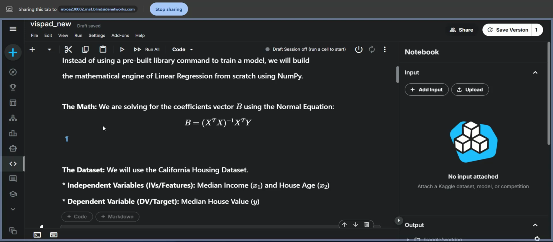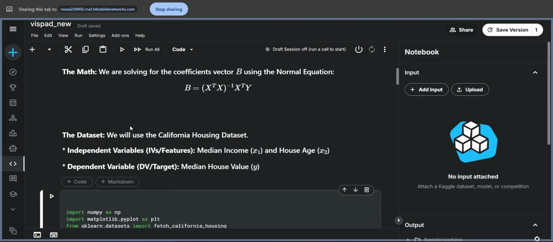Okay. So for the data sets, we are going to use the California housing data set. This is a standard data set that is used for doing machine learning testing and learning in general.